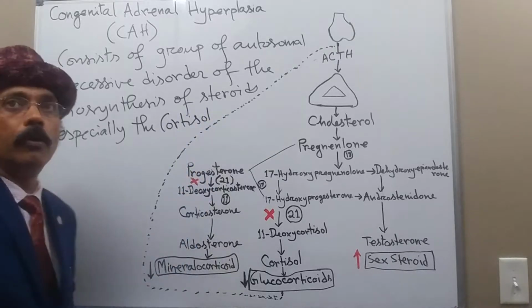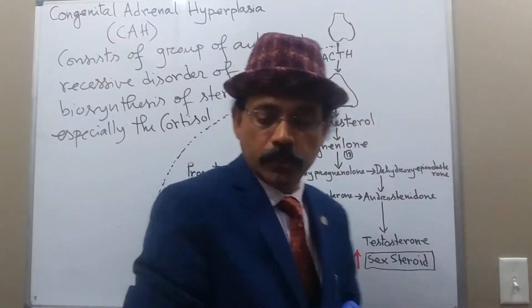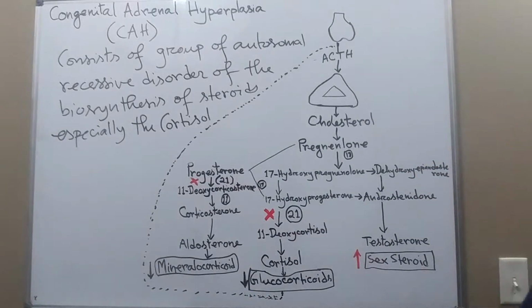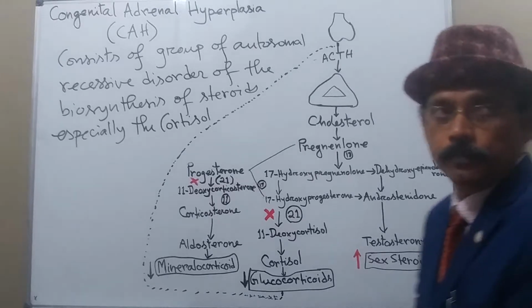Okay, we got the definition of congenital adrenal hyperplasia. This problem is associated with a group of autosomal recessive disorders of the biosynthesis of steroids, especially the cortisol.